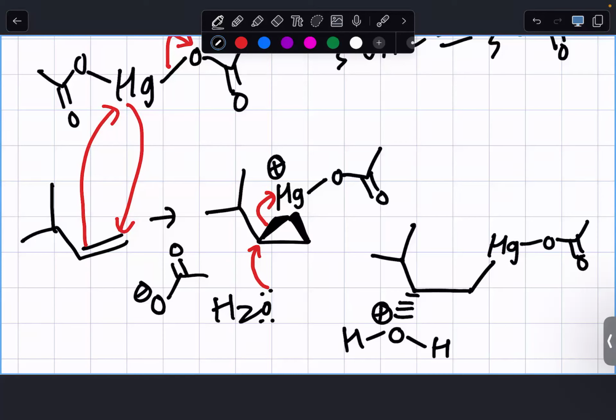If that was a chiral center, then we would keep that as a wedge. Well, let's just write it just in case, to make it clearer. This is a wedge because it stays unreacted at that carbon right there. And we see that this is anti-addition because the water or alcohol attaches on the opposite side.